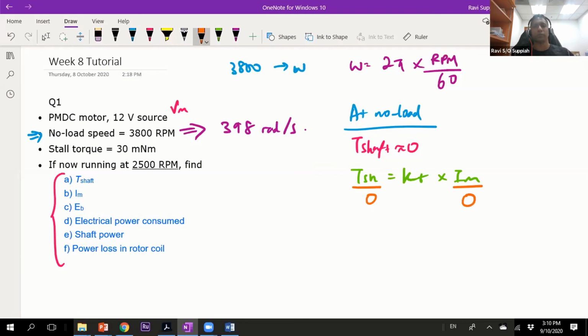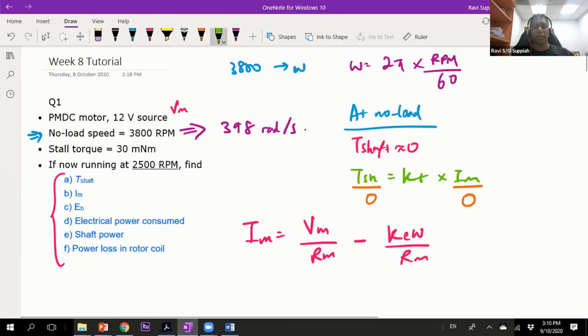Okay, so with that understanding, now let's look back at the formula that we have been dealing with. The general formula which says that Im equals Vm over Rm minus Ke omega over Rm.